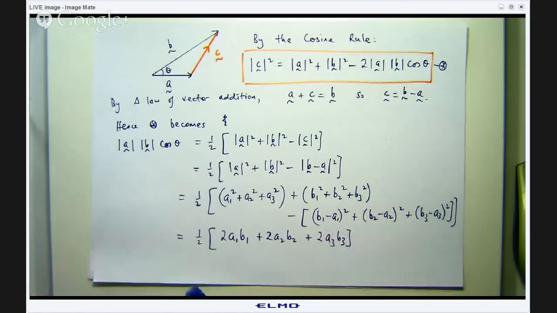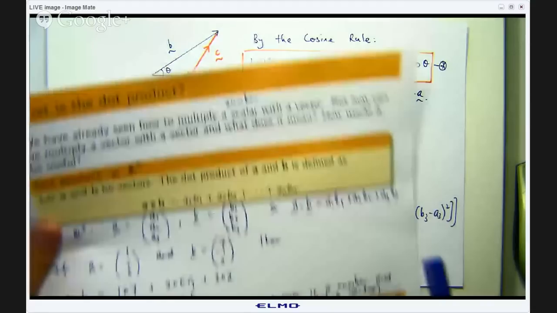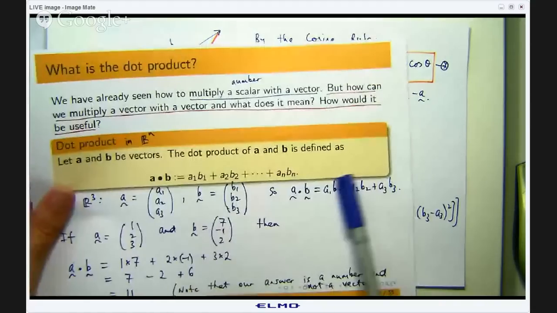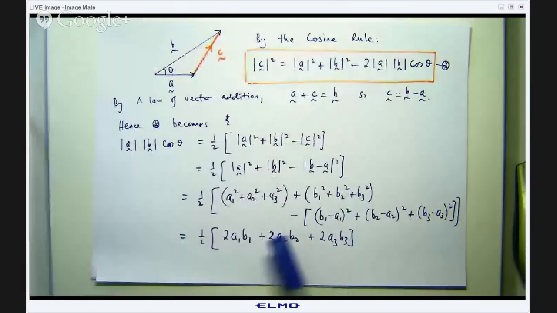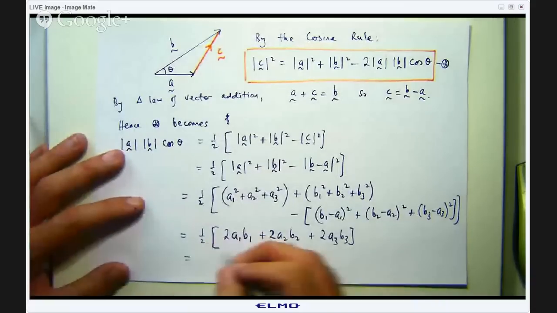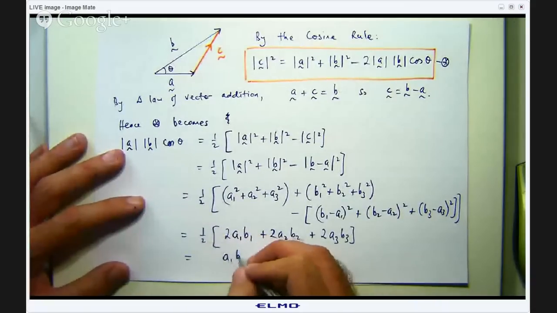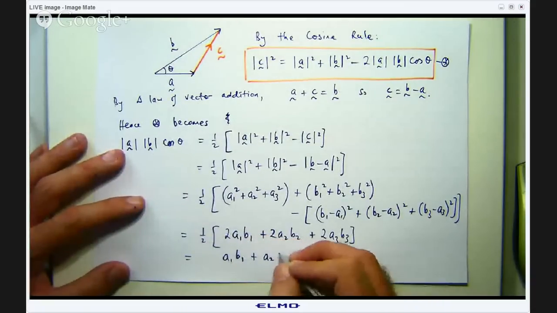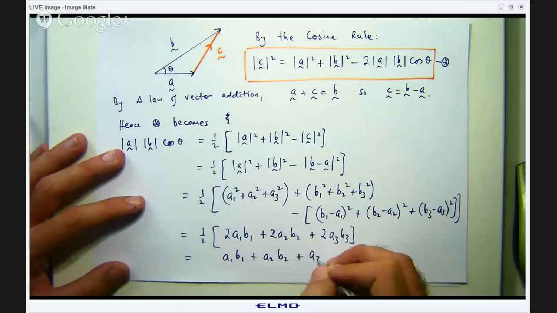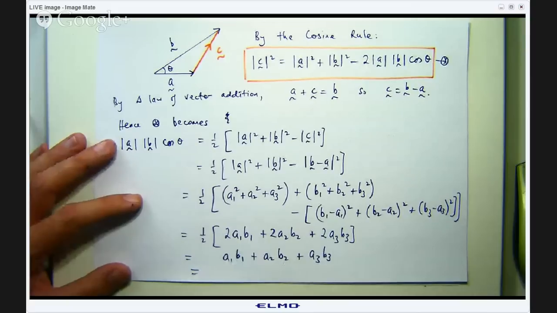Starting to look familiar? It's starting to look a lot like this now. In fact, if I take out the 2, it's just the following, which is how we defined the dot product of A and B.